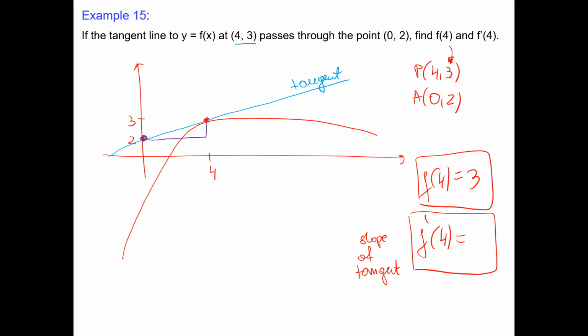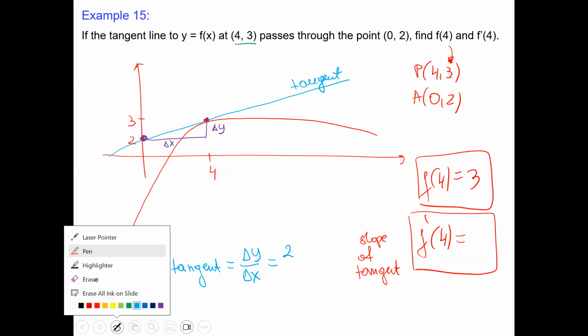Since I have 2 points, I need delta y and delta x, and that will be the slope of the tangent. Rise over run. Rise is the difference between 3 and 2.